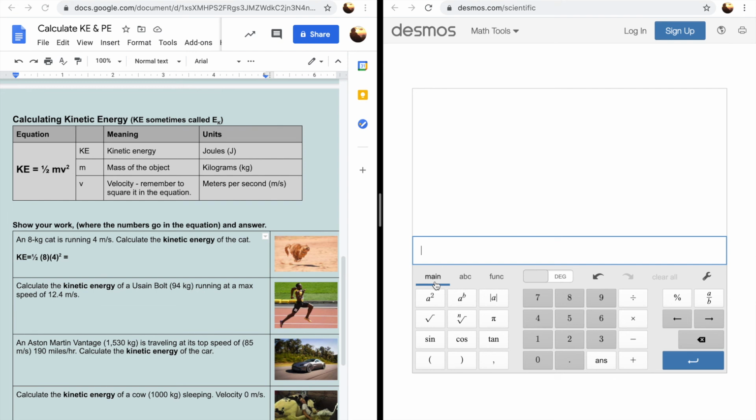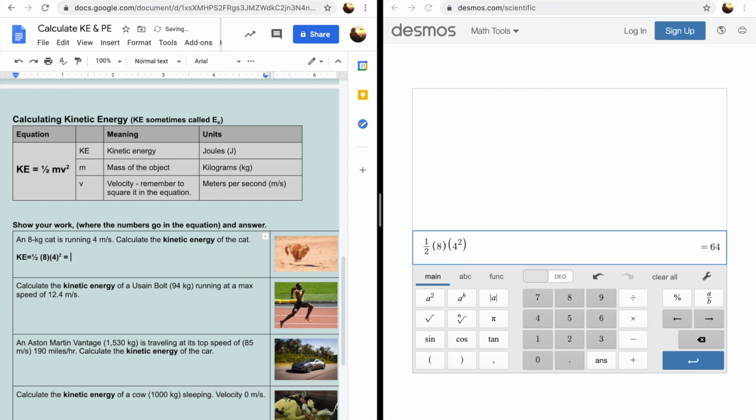We're going to have to go 1/2, so I suppose you could say 1 divided by 2, times 8, times 4, and then there's a squared button right there for you. Or you could raise it to any power, but that'll do it right there. And then throw that in. Okay, there it is, 64.